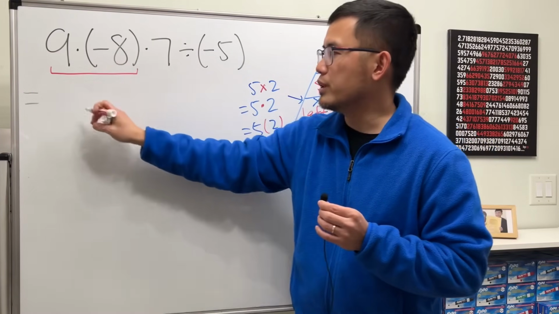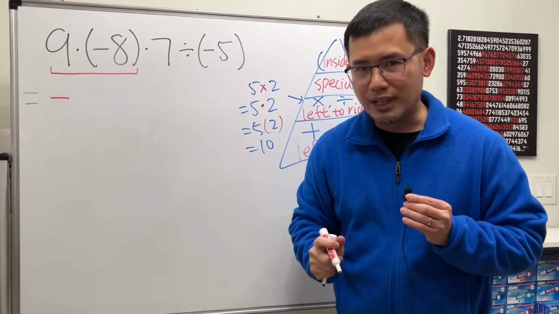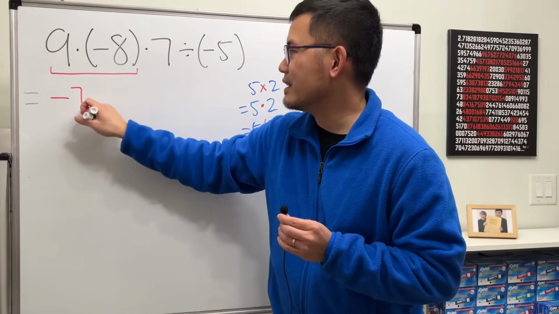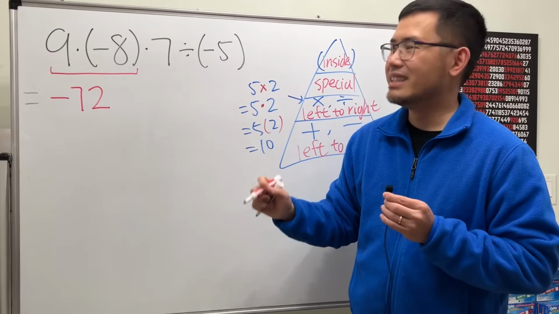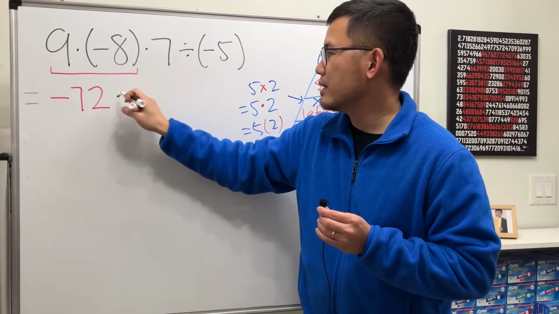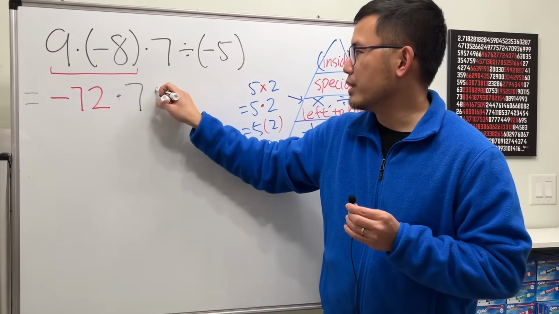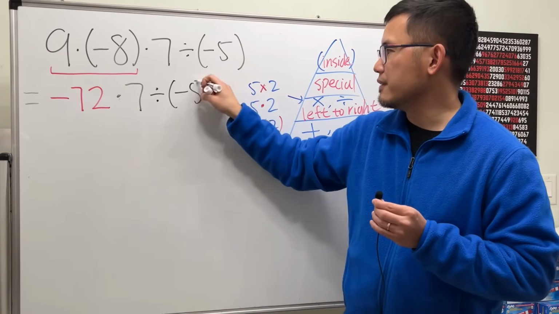Positive times negative, we get negative. 9 times 8, remember your times table, we get 72. And then you bring down the rest. Multiply, remember the dot means to multiply, and then we have 7, and then bring down the divided by -5.